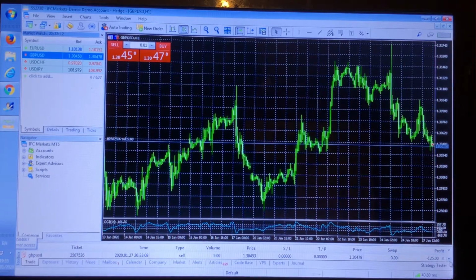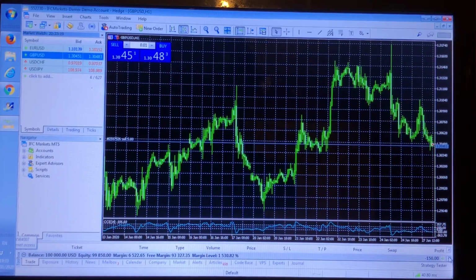Okay, so that's been put in a position just now. I am down 150 pounds just now for putting on. We've got a sell on of 5 lots.